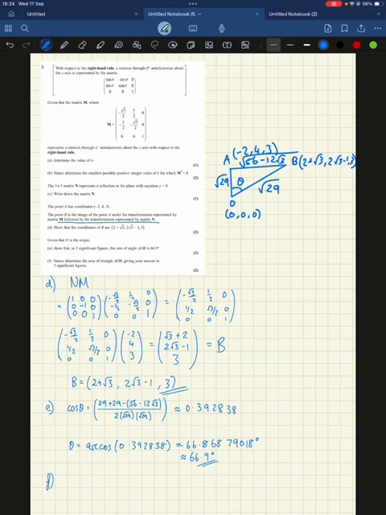Hence determine the area of triangle AOB, giving your answer to three significant figures. Half ab sine C, well we know what C is, it's 66.9, so half, root 29 times root 29, which is just 29, times sine of 66.9 into the calculator, and this is approximately 13.3 units squared.